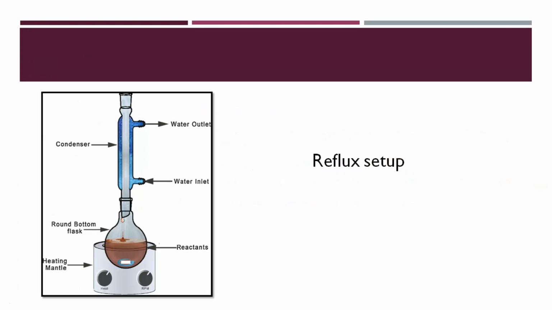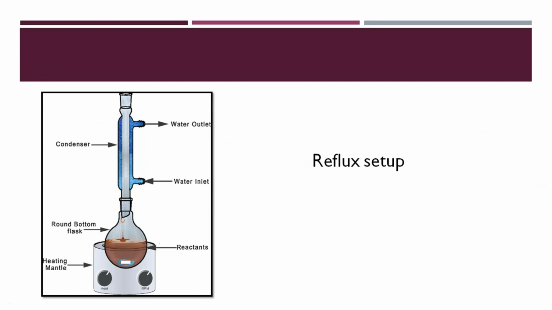Also, we are going to set up the reflux assembly in this practical as it involves heating for 2 hours. So you can see how the reflux assembly can be set up. So RBF is fitted with the condenser. Condenser has two outlets.